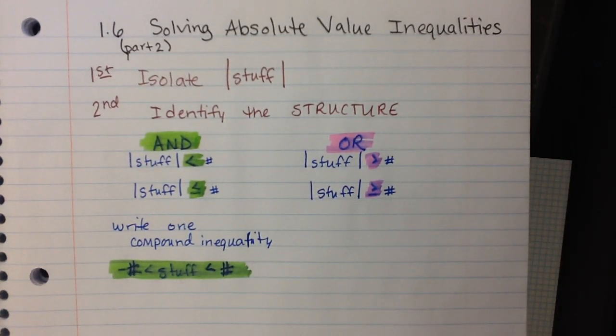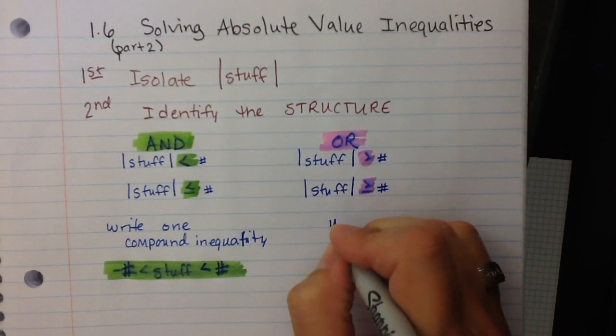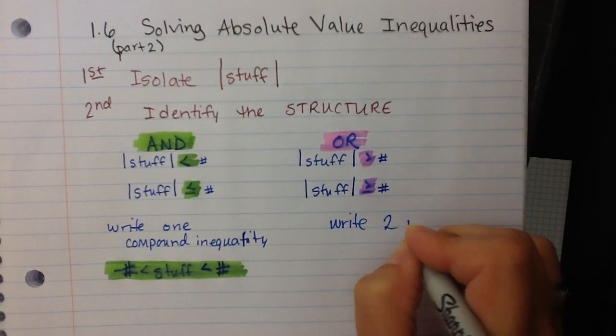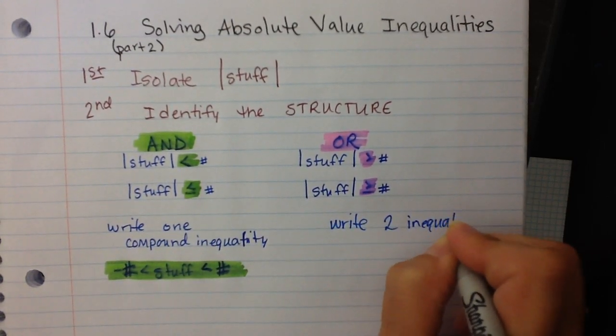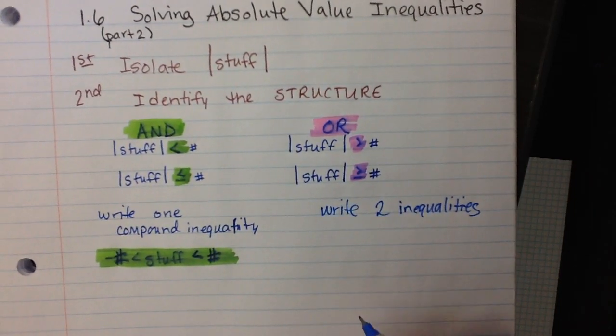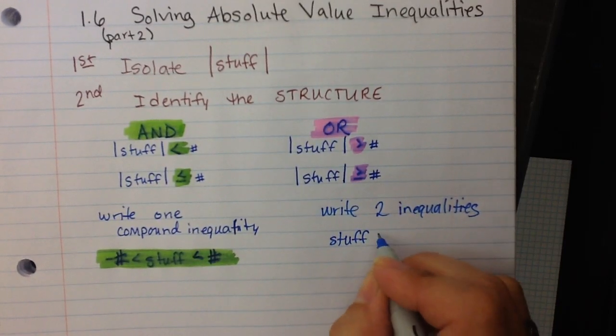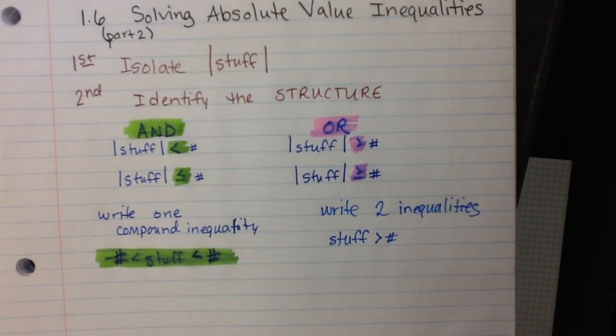The OR inequality is going to be set up differently. With the OR inequalities, we're going to write two inequalities. So we are going to have the first one, we'll just take off the bars and leave that stuff is greater than the number.